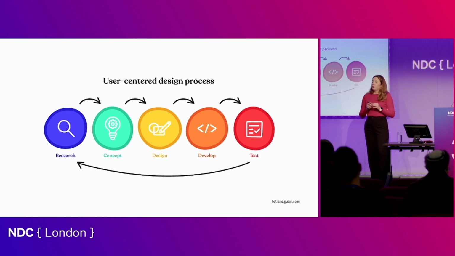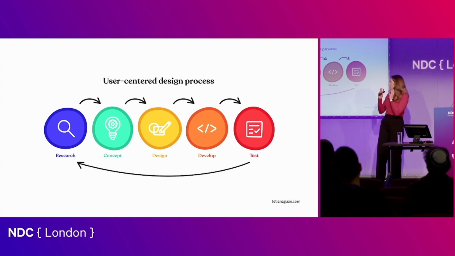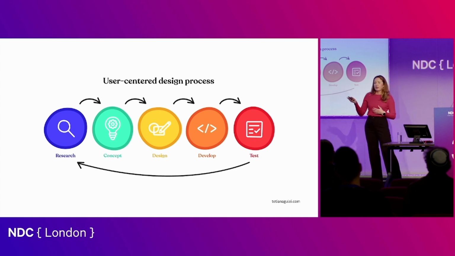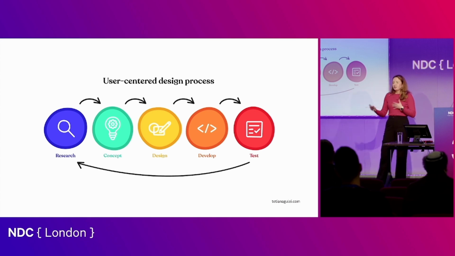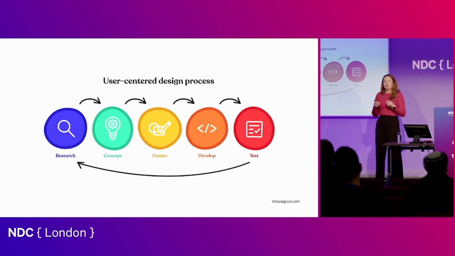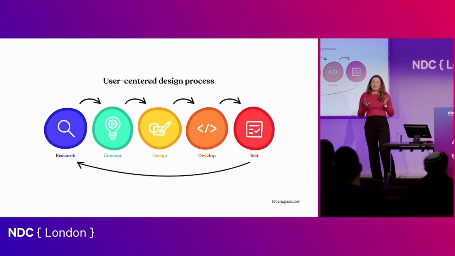Then, when you have that understanding, that empathy, we move on to the concept stage. This is when we brainstorm some ideas. It can be done individually or collaboratively with a whiteboard or sticky notes. We just think about all the possibilities that we can build together. Then when it's concrete, we go to the design phase.